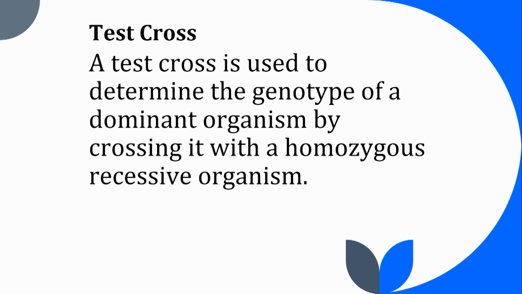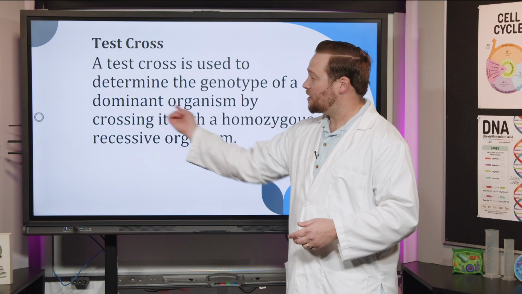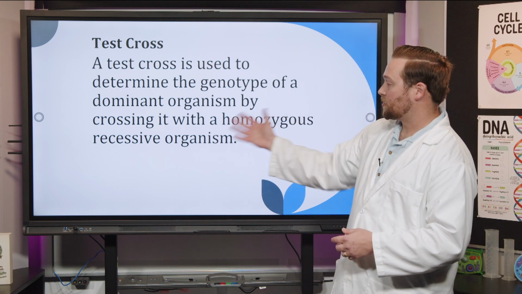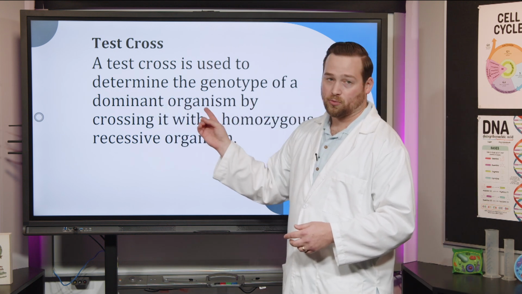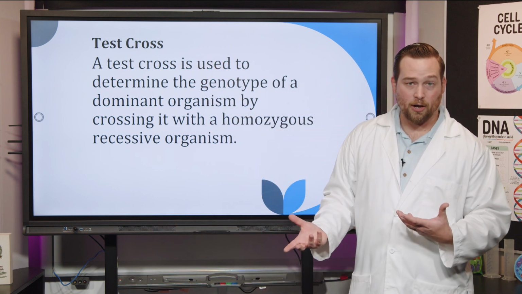And you can determine what their genotype is by crossing it with a known homozygous recessive organism. And if you ever see that recessive trait pop up, you would know that this dominant organism here has to be heterozygous. Because if any of the offspring shows the recessive trait, that means that they're getting one of the recessive alleles from this organism and they're getting the other one from this organism. So a test cross is like a way to determine an unknown genotype, okay?